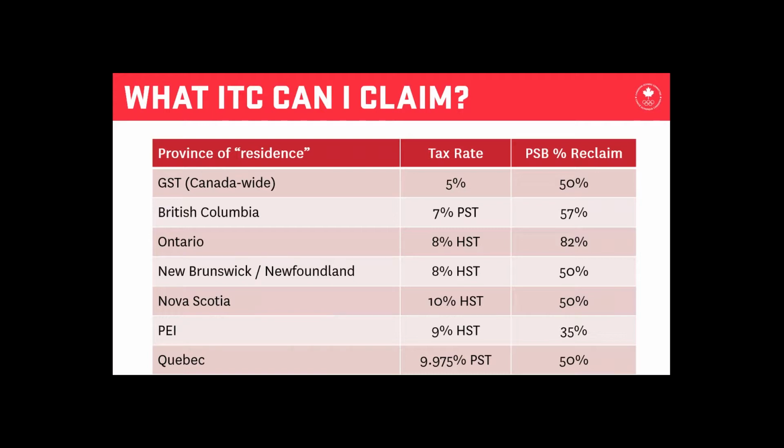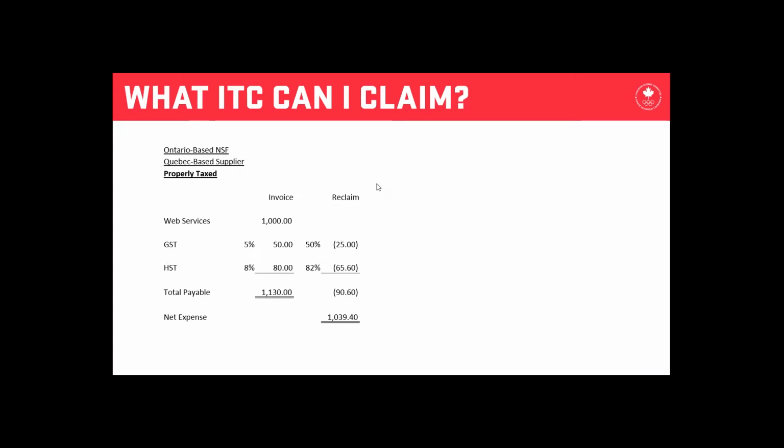There are place of supply rules, which we will talk about extensively, which would dictate where those goods and services would be taxable. It's a very complicated, very detailed area. I'm going to try to give you a bird's eye view of it today and some insight into it. But if you do have dual residency for your NSF, I strongly urge you to contact the CRA and get their advice on how you can proceed. I think that's it, Dave.